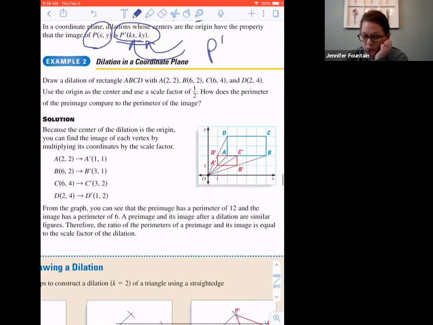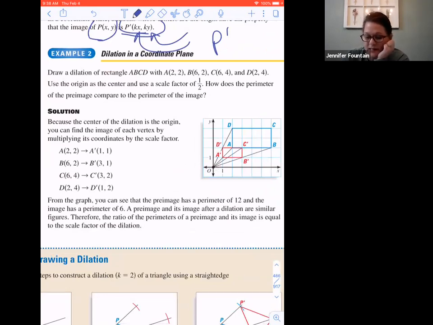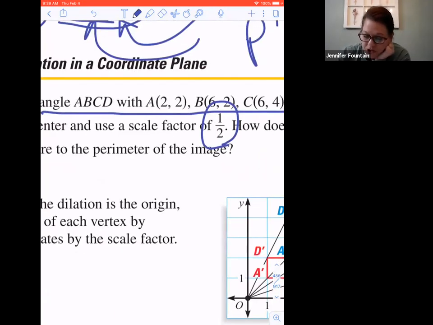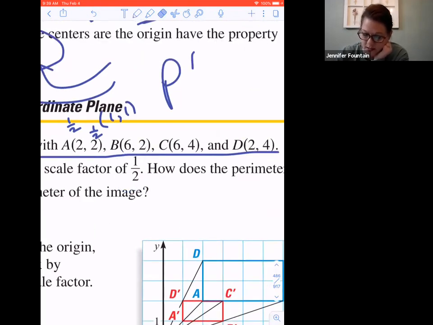So if we look at example 2, I can see that I have a rectangle ABCD, and these are my points: 2, 2; 6, 2; 6, 4; and 2, 4. It says use the origin as the center, and use the scale factor of 1/2. So when I start with 2, 2, I multiply 2 times 1/2, that's going to give me 1, so now I've got 1, 1.